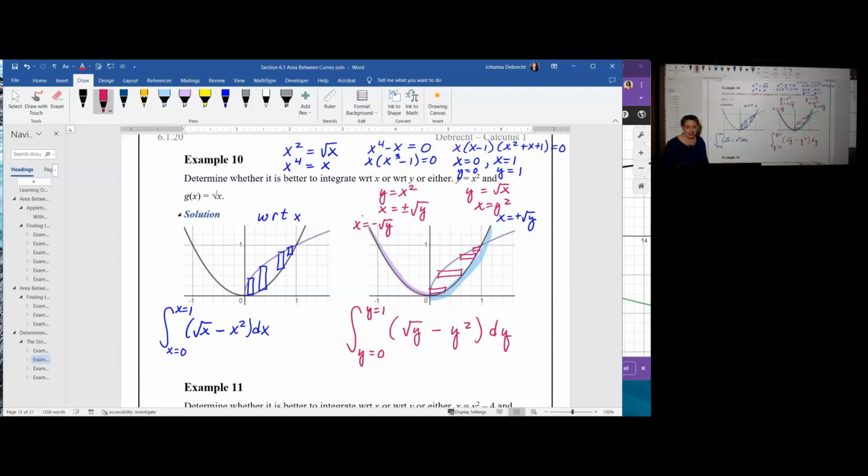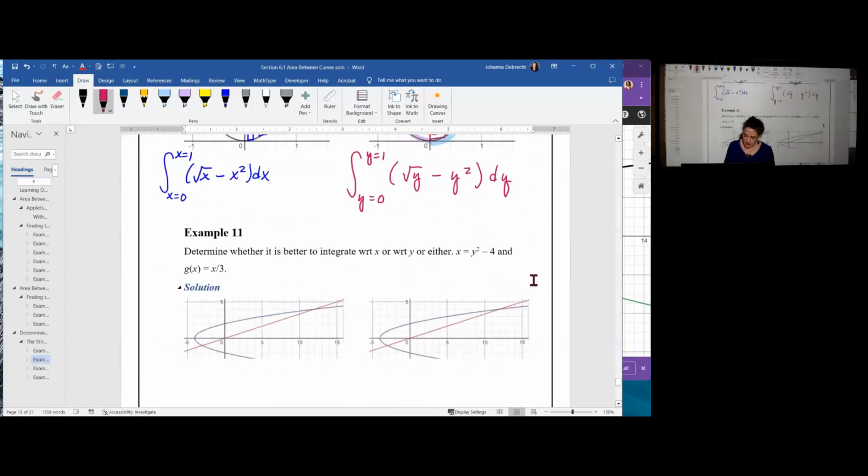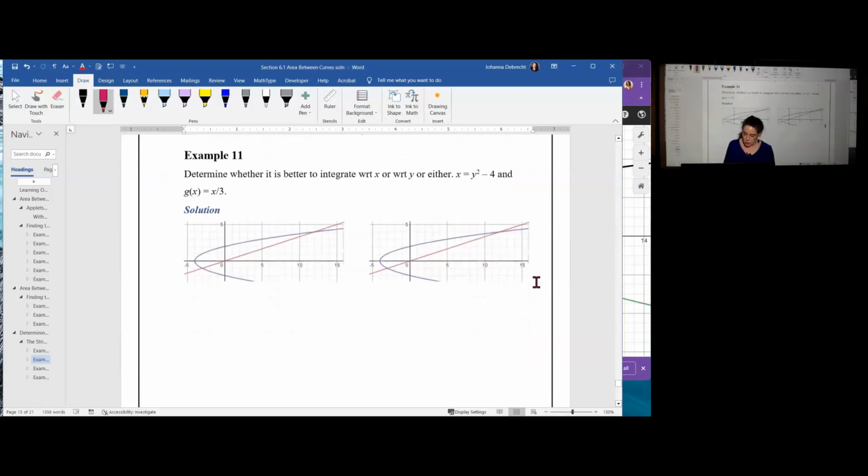Let's now take a look at another example, example 11. In example 11, we're trying to determine whether we should go with respect to x or y for x equal y squared minus 4 and y equal x divided by 3.